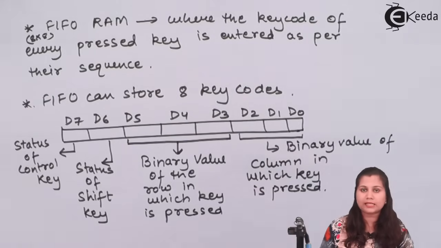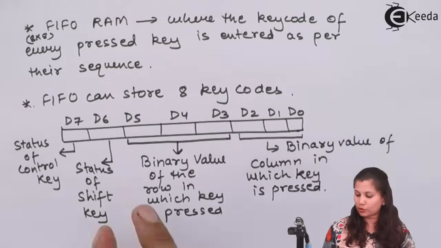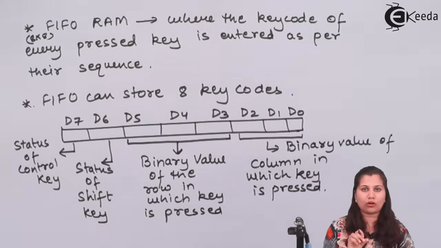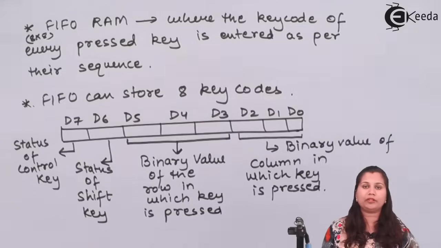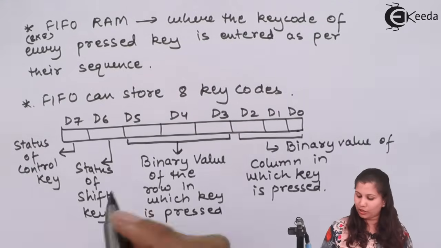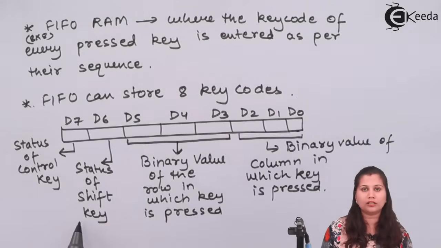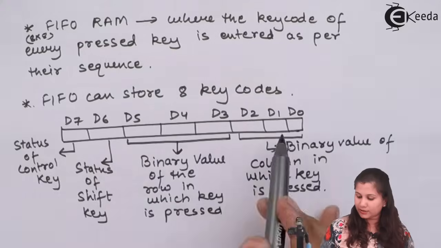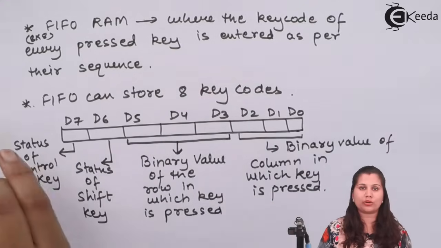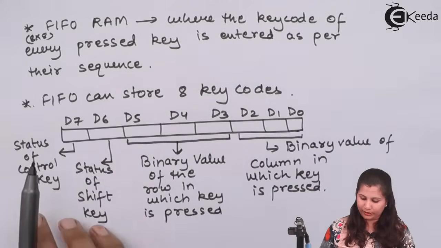In this way, the CPU will get to know which row and column to go to, and the information of that key will be transferred to the CPU along with the status of the shift and the control key. So this whole information will be stored in the FIFO RAM.